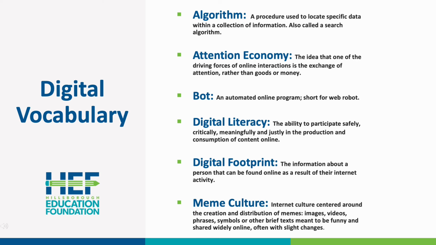The last vocabulary word is meme culture. Internet culture is centered around the creation and distribution of memes. So a meme is just an image, video, phrase, symbol, or other brief text meant to be funny and shared widely online, often with slight changes.